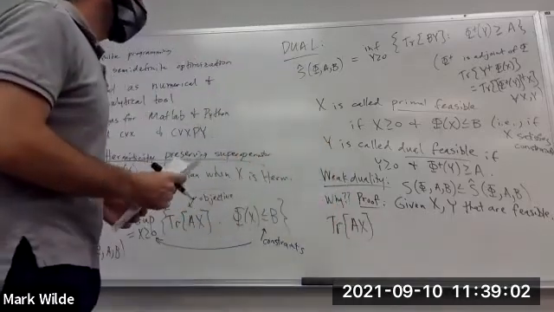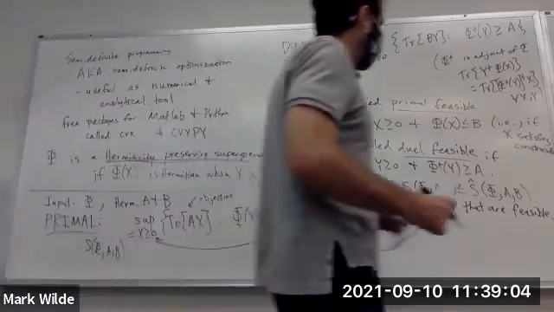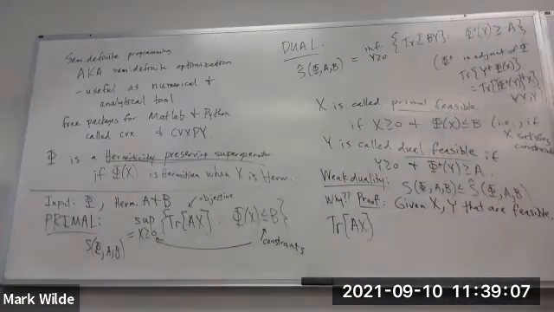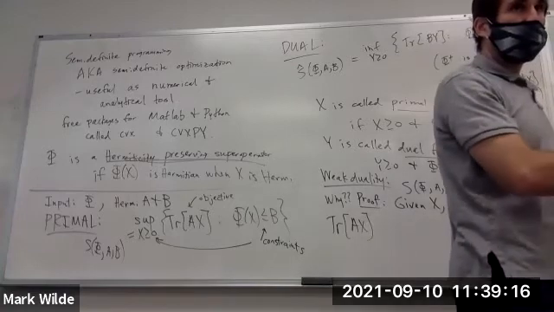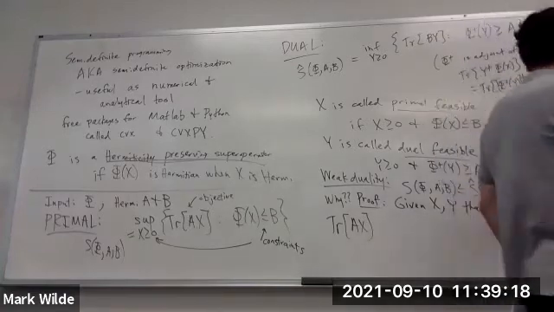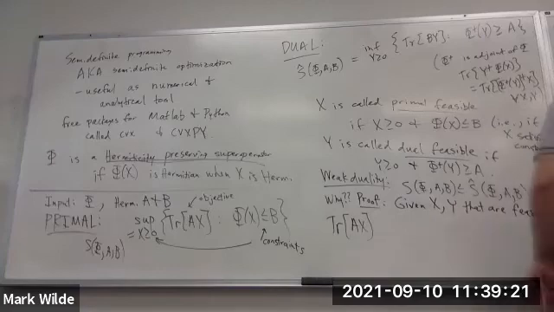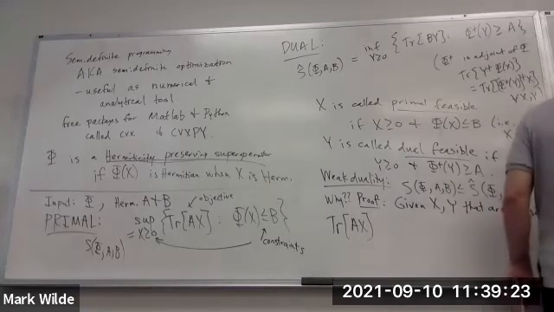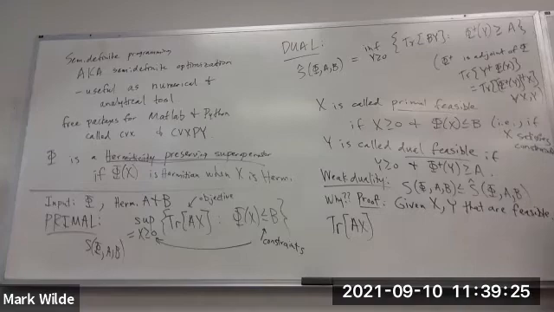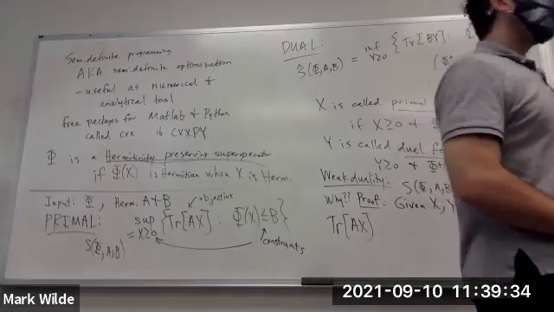From this, we can infer the following. I have K, which is positive semi-definite, and L greater than M in the operator order. From this, we conclude that the trace of K times L is greater than the trace of K times M. Why is that true?